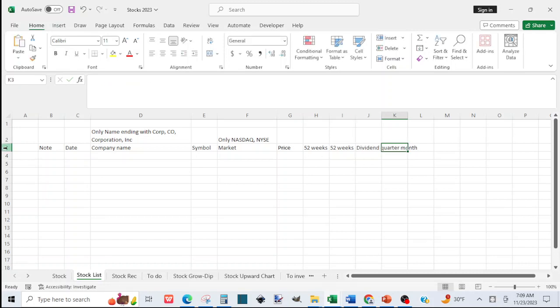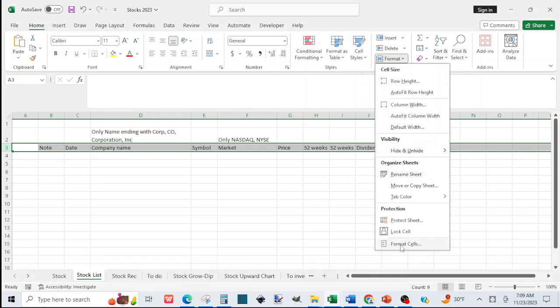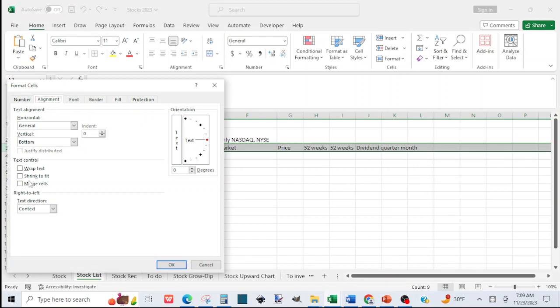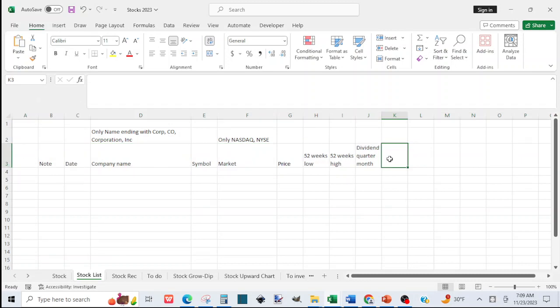And it seems to me that this, we are going to format that as well. And annual dividend yield, you want that.